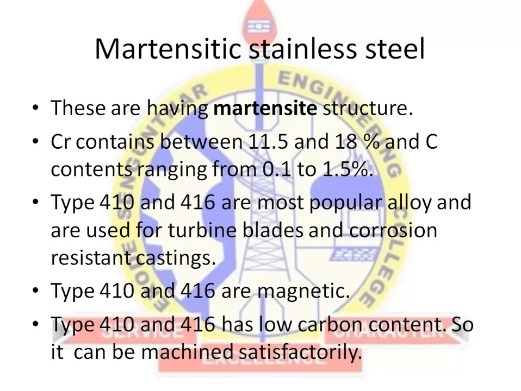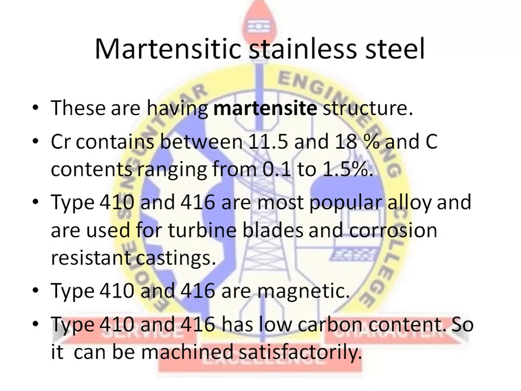Chromium is about 11 to 18 percent, and carbon content ranges from 0.1 to 1.5 percent. The chromium is added for higher corrosion resistance and wear resistance, and the carbon is added for improving the strength of the steel.